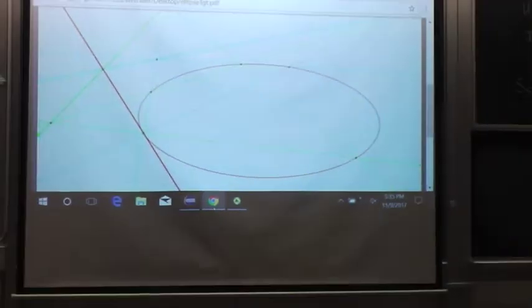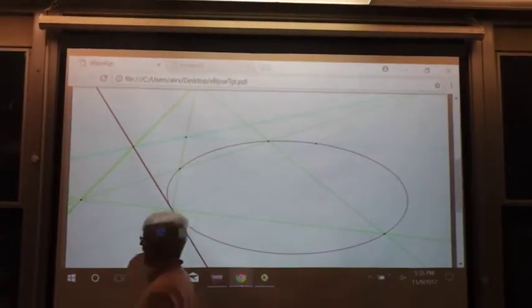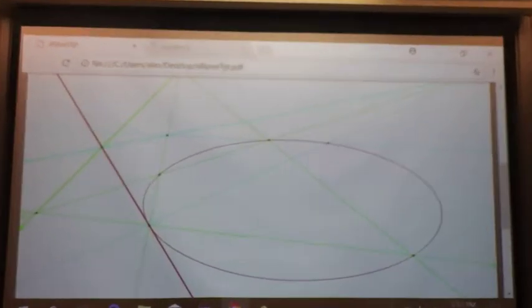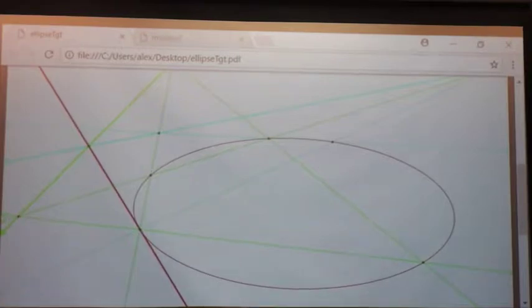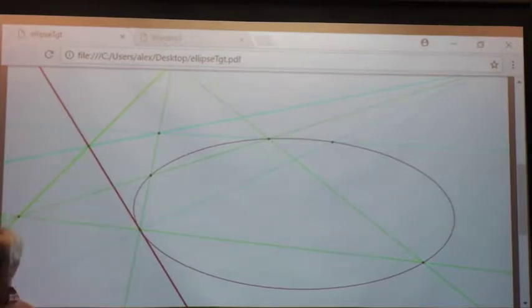Here it is. So there's things like BACD, BCAD drawn in pale green. The darker green is this line. The darker blue is that line. The intersection of the dark green and dark blue is that point. I join it to A, and sure enough, it's the tangent to the conic.